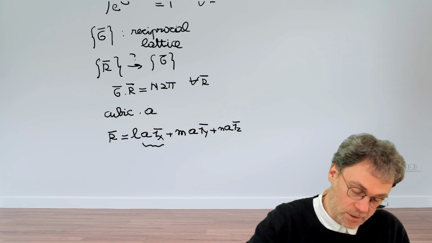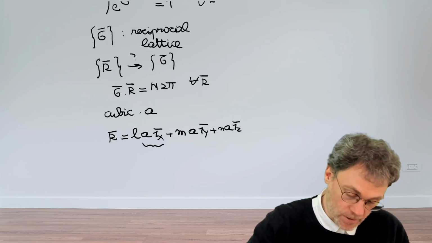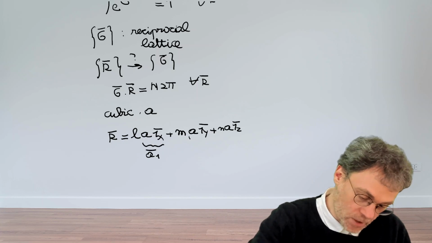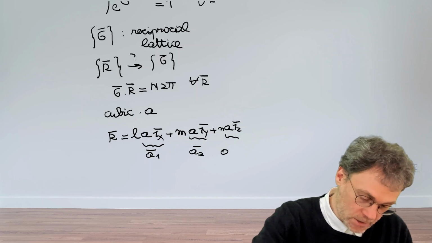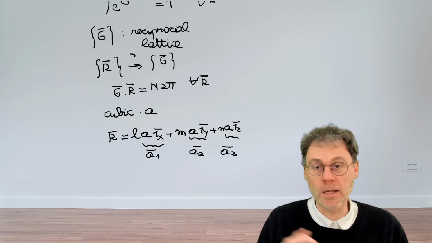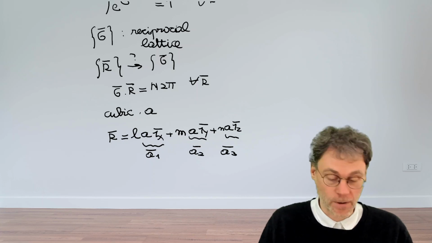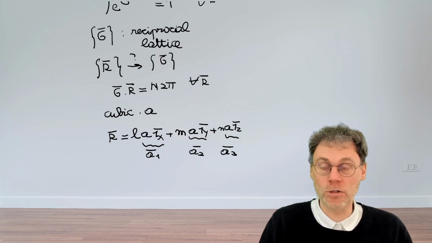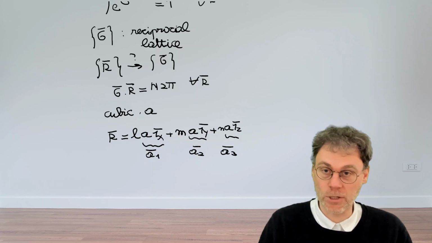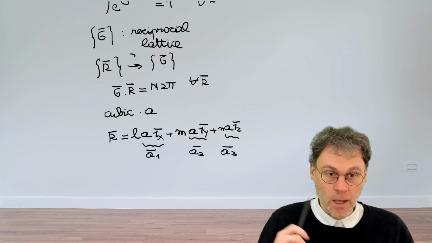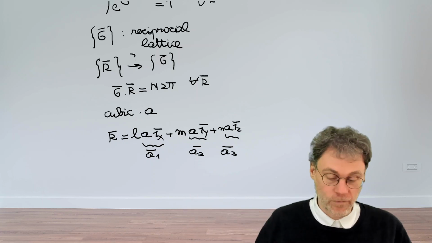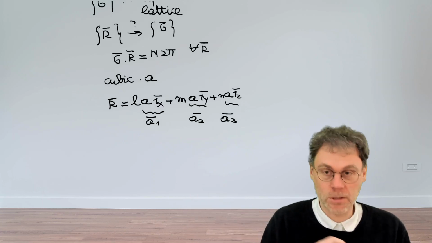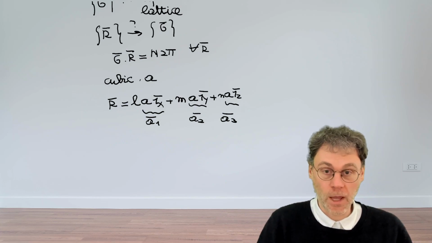And you can basically say that this here is our first primitive lattice vector, a1. Here we have a2, and A times the unit vector in z is a3. For the case of this cubic lattice, they all have the same magnitude and 3 orthogonal directions, but of course your mileage may vary depending on the type of 3D periodic structure that you're studying. The important thing is that we can write our lattice vector as linear combinations of these, the smallest, primitive lattice vectors.